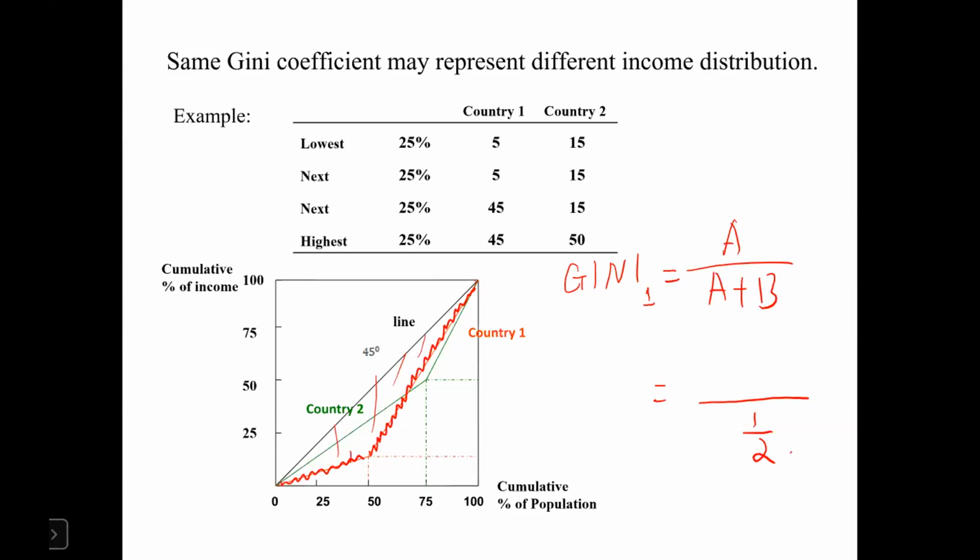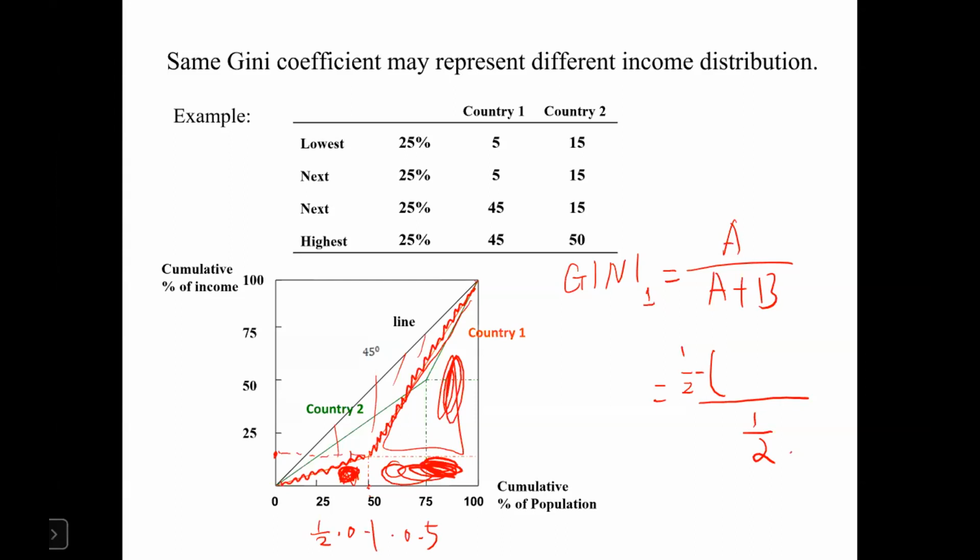But in order to find out A, the best way is to use the big triangle, subtract this part, this rectangle, and this triangle. So that equals 1/2 minus, now start with the smaller one. This smaller one, because this point we already know is 10, right? The smaller one equals 1/2 times this, because this is 10%, 0.1, this is 50%, 0.5, right?